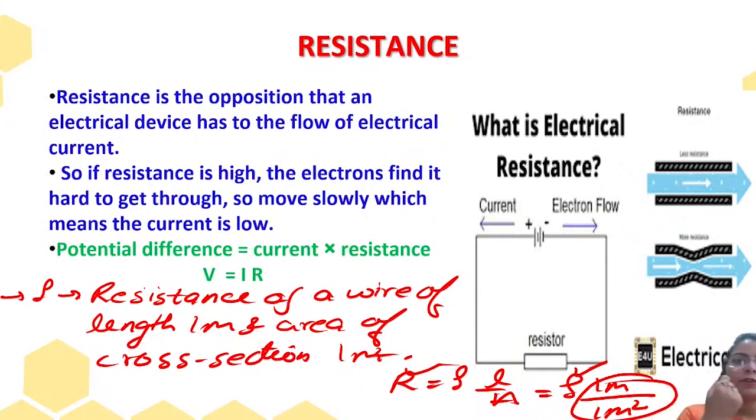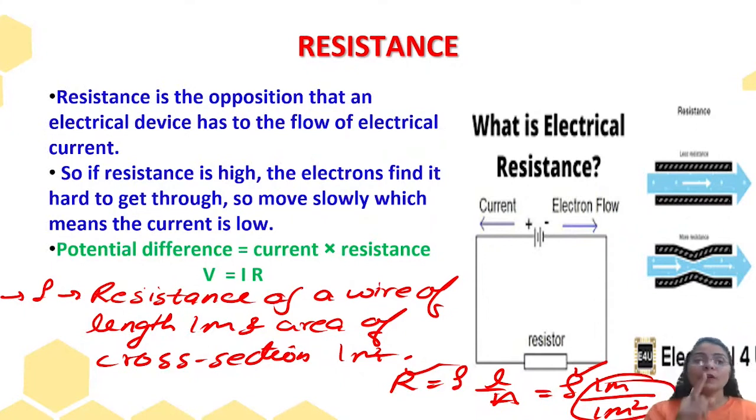He withdraws a few drops of blood from your body, sends them for a test, and then you come to know what kind of problem you have. Similarly, if we have 1 meter of length and 1 meter square of area of cross section, then we can check the resistance, and that resistance will be constant for every wire of 1 meter length and 1 meter square area of cross section of the same material.